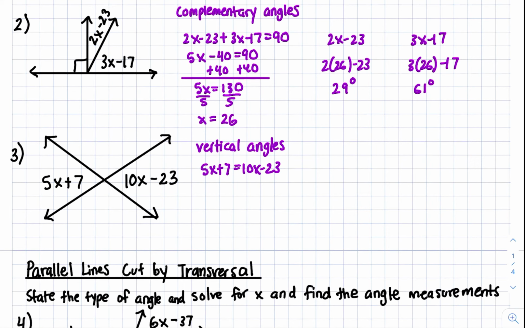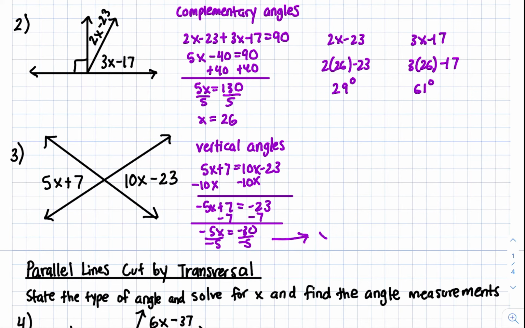I'm going to get variables on my left-hand side, so I'm going to subtract 10x from both sides. Negative 5x plus 7 is equal to negative 23. I'm going to get my constants to the right, so I'm going to subtract 7 from both sides. Then I'm going to divide both sides by negative 5, which gets me x equal to 6.